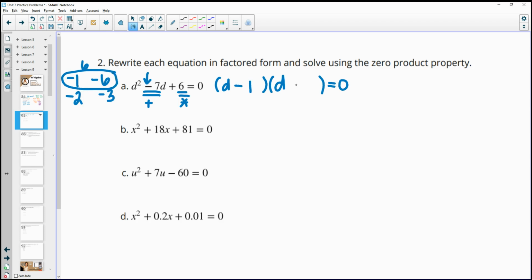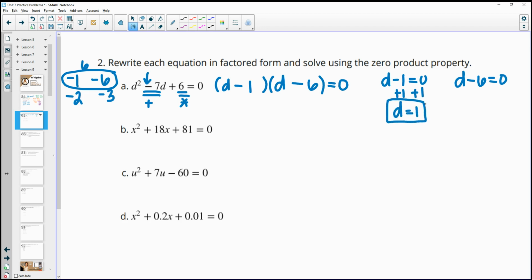So d minus 1 and d minus 6 would be our factors. Then with the zero product property, you set those each equal to 0 to solve. You maybe don't need to solve the equation because you maybe just know what d equals, but I'm just going to solve them off to the side in case anybody needs that.